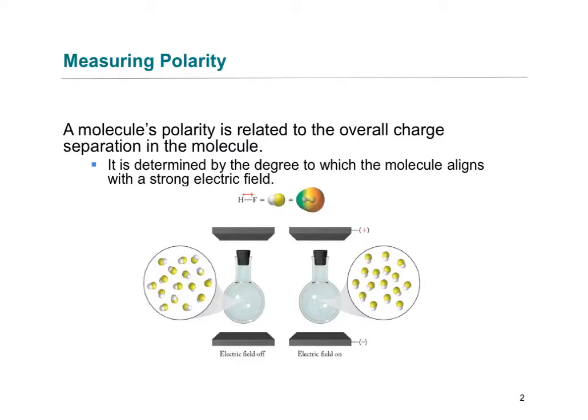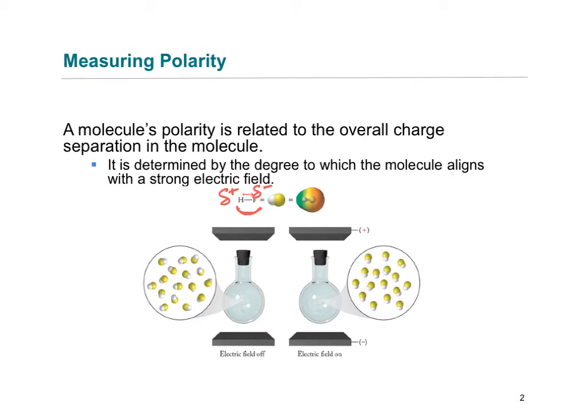All right, so polarity, just to give you a visual and tell you how it's measured. Let's, for example, look at hydrogen monofluoride, HF. We know that fluorine is the most electronegative element on the entire periodic table. And hydrogen, hopefully you realize that it's pretty electropositive. It's not electronegative at all.